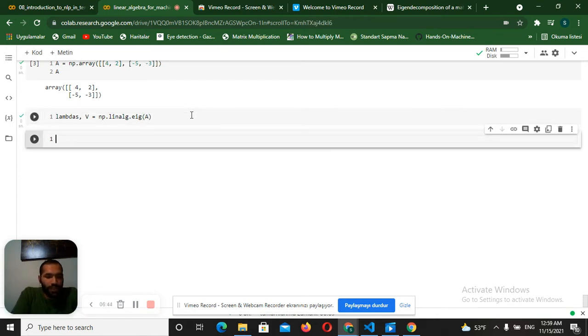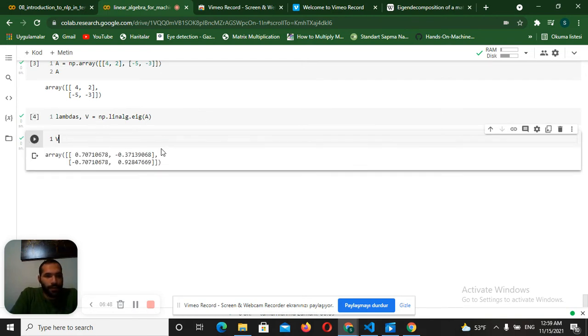Now we can check our eigenvectors. Look at that. This is very nice. These are the eigenvectors. Now we can think these two eigenvectors equal to one eigenvalue, but I will show it.